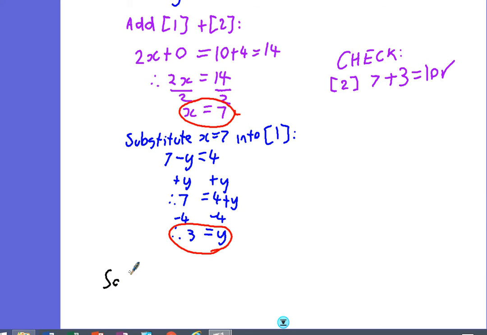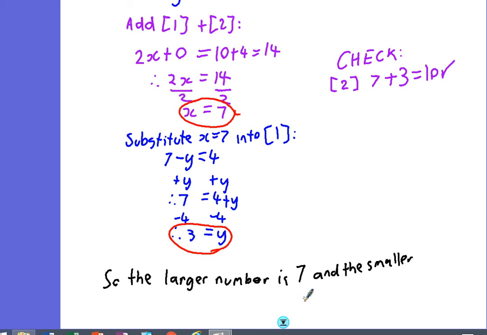Our very last step is to write the answer in words, which is very important with a word problem, to finish it off correctly. So the larger number is 7, and the smaller number is 3.